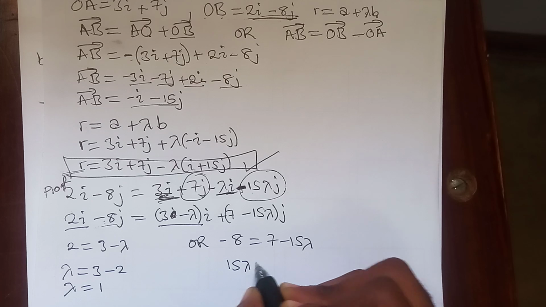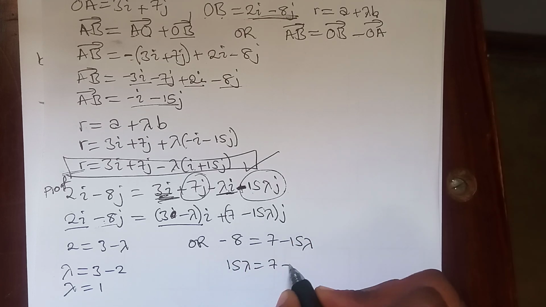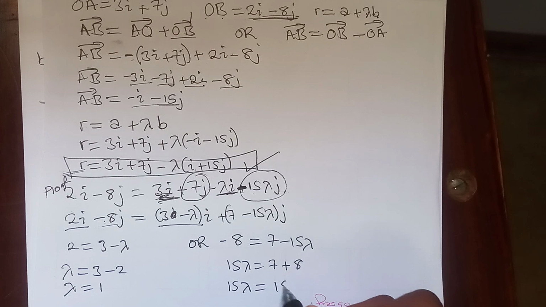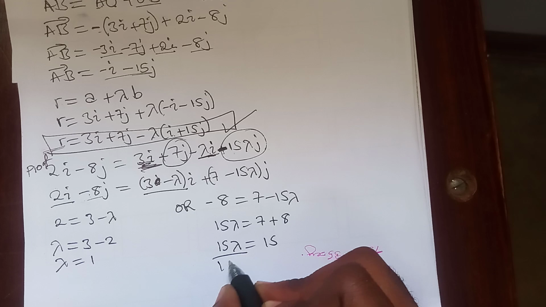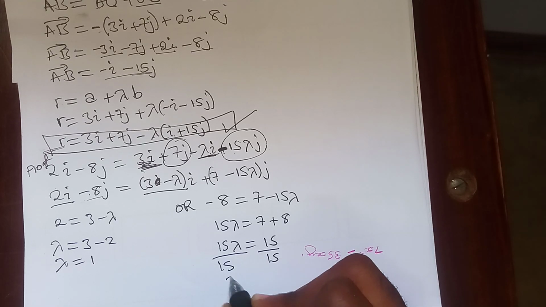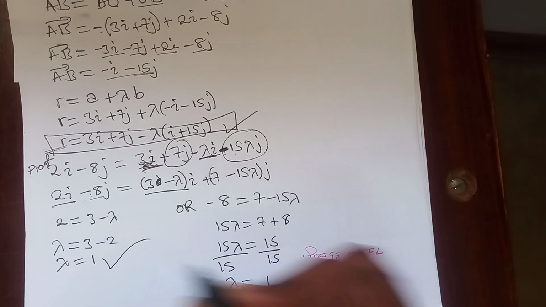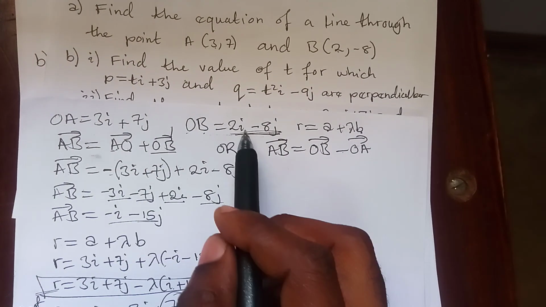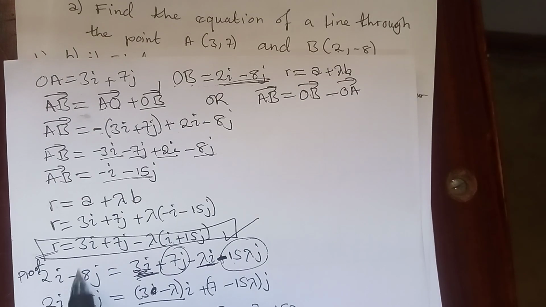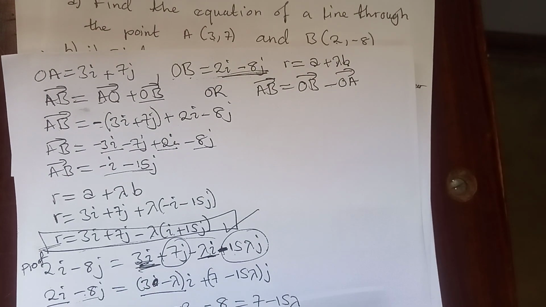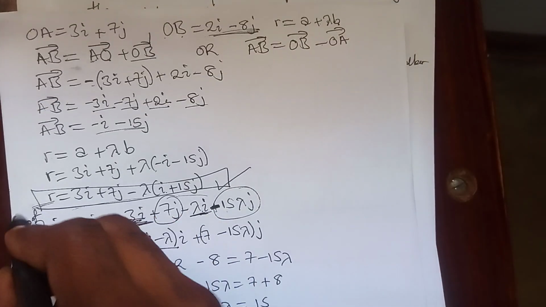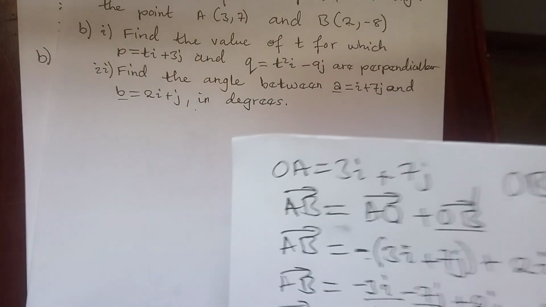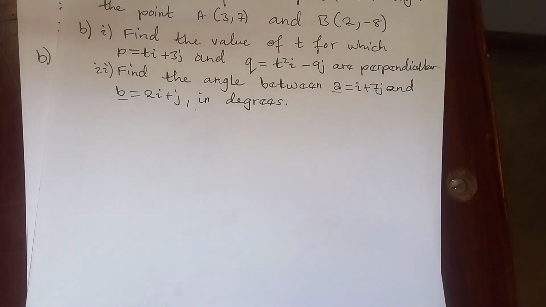You have 15λ is equal to 7 plus 8, so 15λ equals 15. When you divide both sides, you can see that λ is equal to 1, just like before. So this tells you that this point indeed is on the line with this equation. You don't need to prove your answers, but in case you are doubting your work, you can always do this just to be sure.